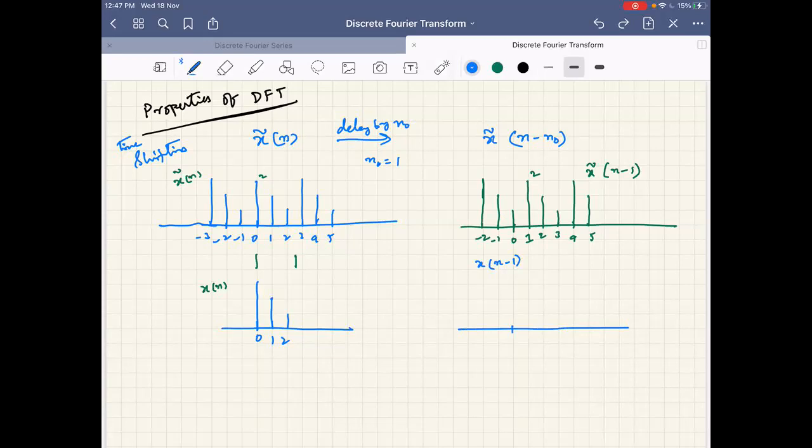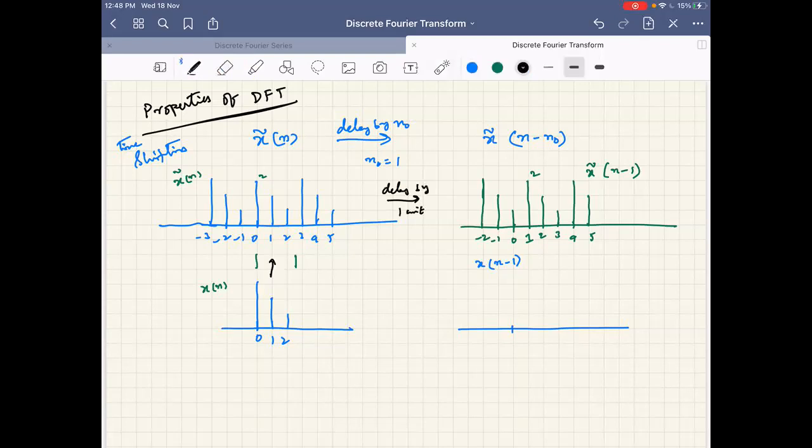Even though we start with a periodic sequence, let us assume that we started with this and got this, and then we applied this delay by 1 unit.